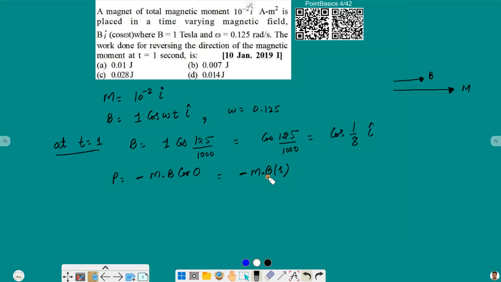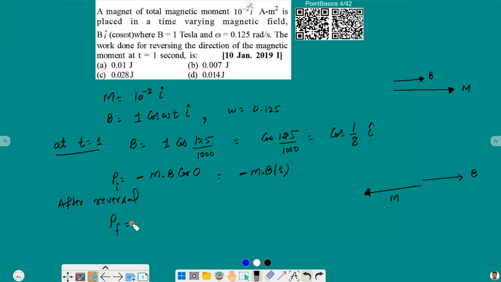Now we have to reverse the direction of the magnetic dipole moment. So if we have to reverse the direction, then what will happen? Then m will be reversed by 180 degrees. So m will point like this in the negative x direction, and B will still be pointing in the positive x direction. So after reversal, that was our initial potential energy.